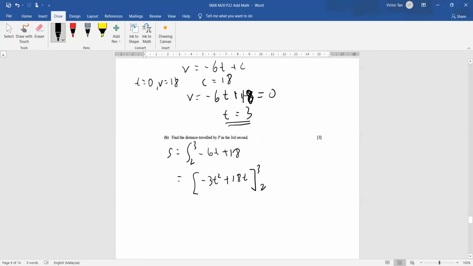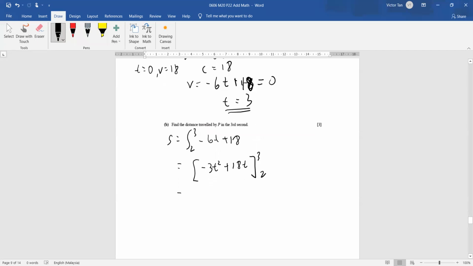Substituting 3, you get minus 27 plus 54. Minus, substituting 2, you get minus 12 plus 36. And this is 27 minus 24. The answer is 3 meters.